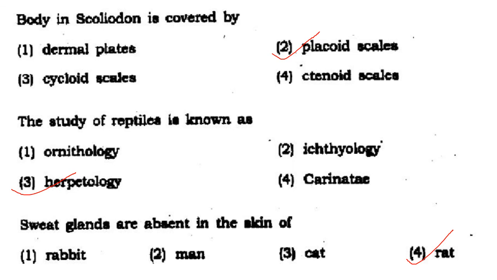Body of Scoliodon is covered by dermal plates, placoid scales, cycloid scales, ctenoid scales. Answer is placoid scales. The study of reptiles is known as ornithology, ichthyology, herpetology, carinate. Answer is herpetology. Sweat glands are absent in the skin of rabbit, man, cat, rat. Answer is rat.